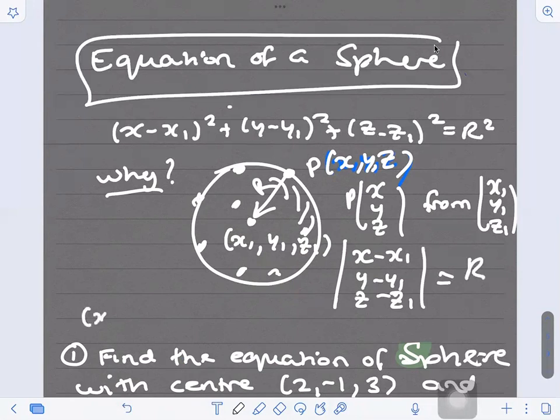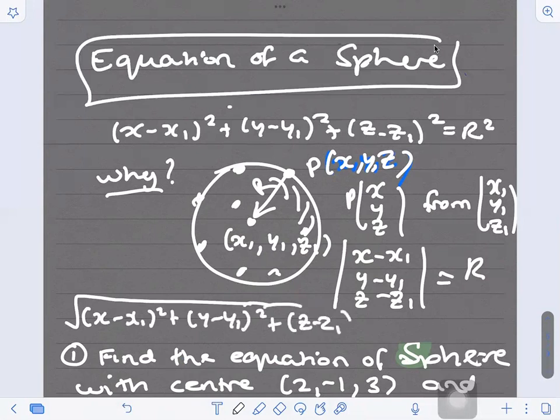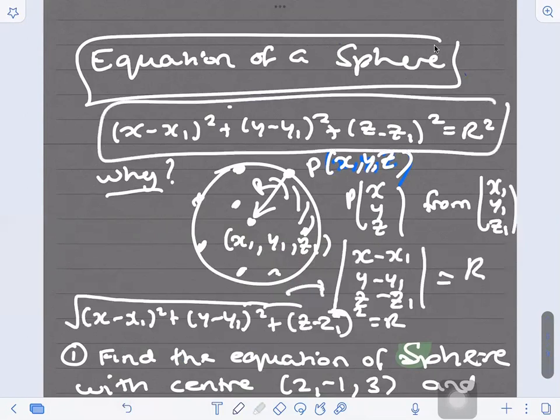So that means if you square root (x - x1)² + (y - y1)², and this is derived much like the circle, + (z - z1)², you get r. Then from there, you're able to square the other side, and that's where this formula up here comes into play. This one. Okay, so that's the actual equation.